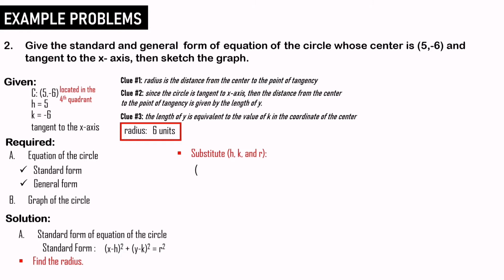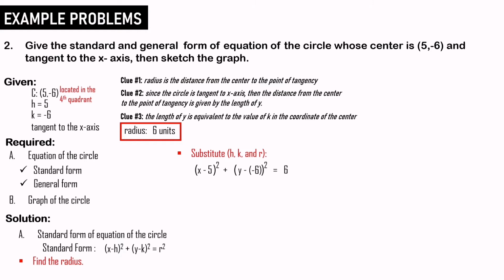Okay, so we have x, pila atong h, 5, minus 5 squared plus y, pila ato ang k, negative 6. So mahimo ni siyang minus negative 6 squared is equal to atong r, gani kay 6 units.